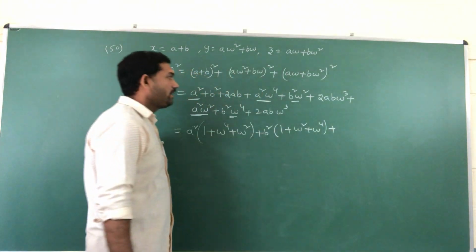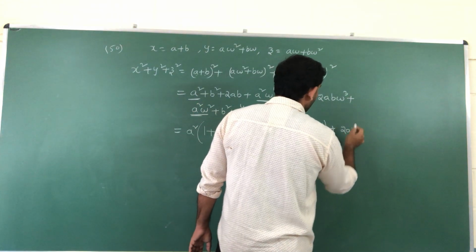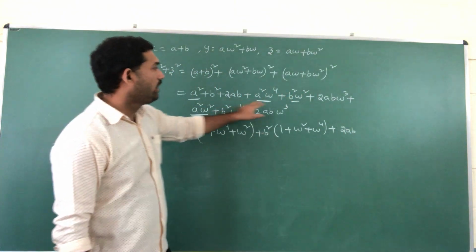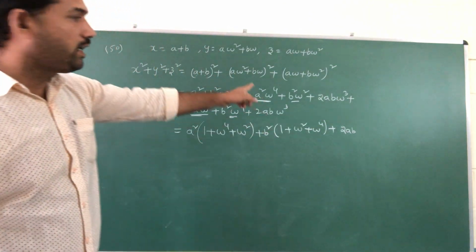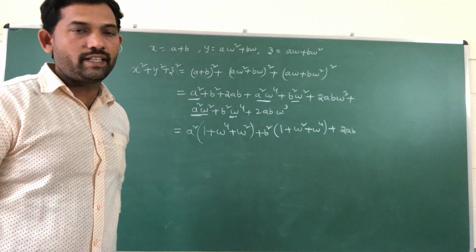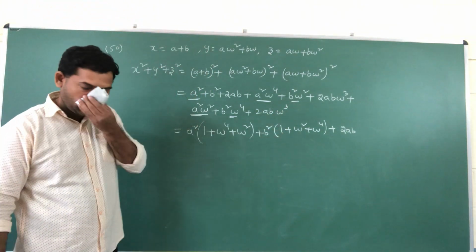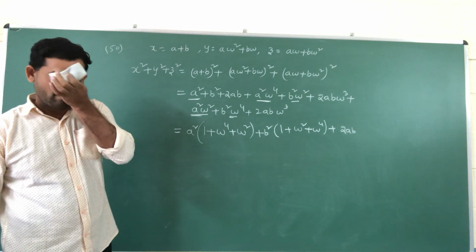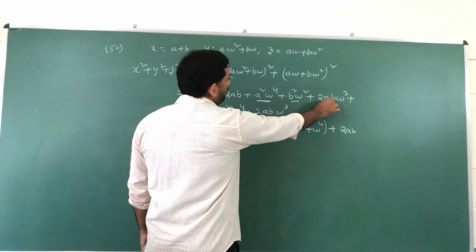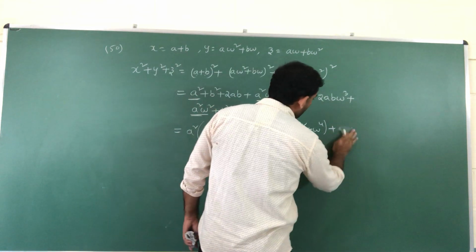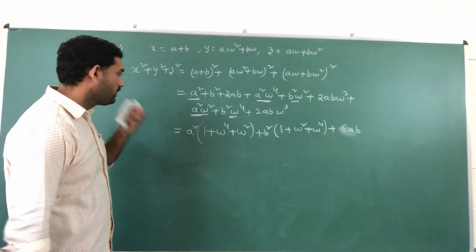Plus again 2ab, ω³ value 1, so 2ab into 1 is 2ab, right? Again this is also ω³ value 1, so 2ab. Total how much? 6ab.